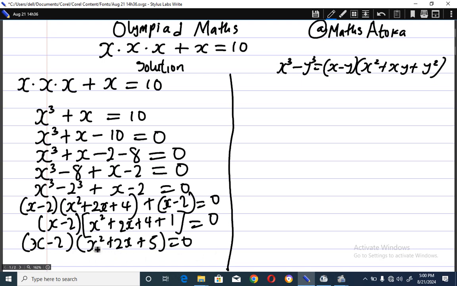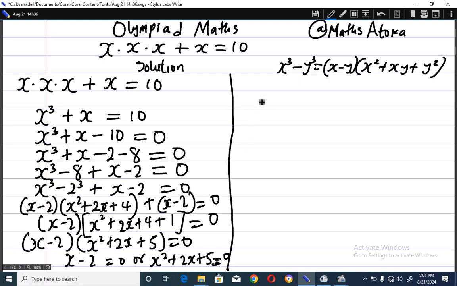So you know that the product of two things being equal to 0 means that one of them is 0. So we can have that x minus 2 is equal to 0, or we have that x squared plus 2x plus 5 is equal to 0.